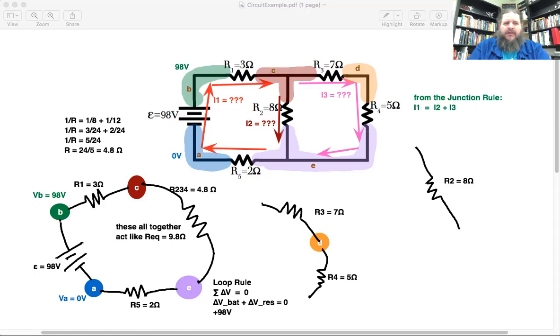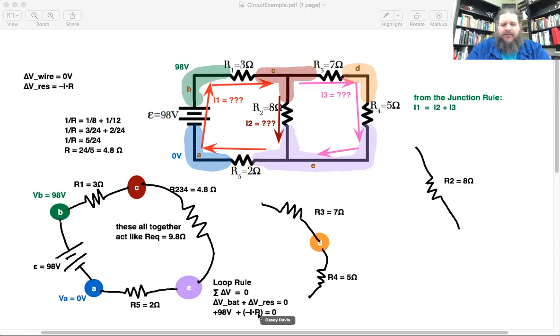Any resistor has a delta voltage that's proportional to current, specifically negative current times resistance. The more delta voltage the resistor has, the faster current will flow through it. Resistance is the constant of proportionality, and the negative sign refers to direction, that the current will flow from the high voltage end toward the low voltage end. So we can write the delta V of the resistor as negative I times R.